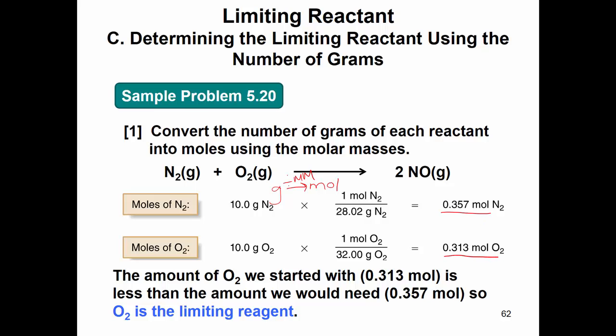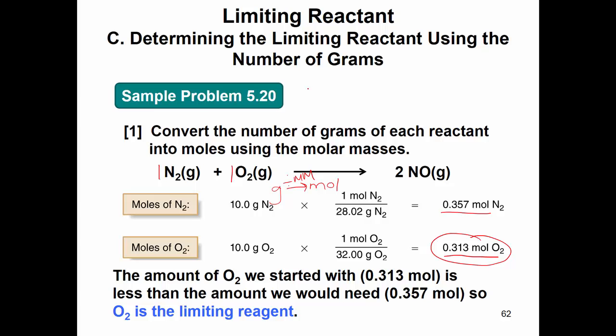Okay, so in this problem, we have a 1-to-1 ratio. So really all we had to do was just look here and say, okay, well this is more and this is less, so this has to be my limiting reactant. But I want to show you, just so you don't mess up on reactions, that you may have a 2-to-1 ratio or a different ratio.